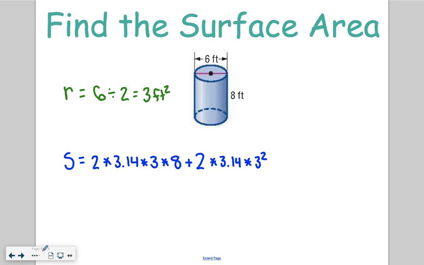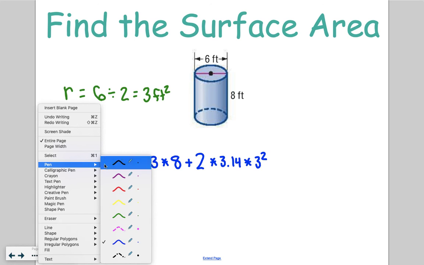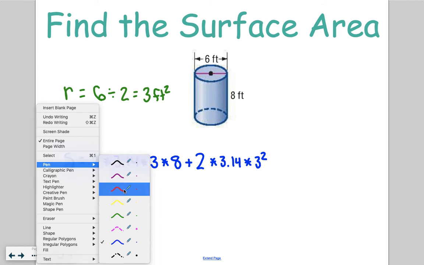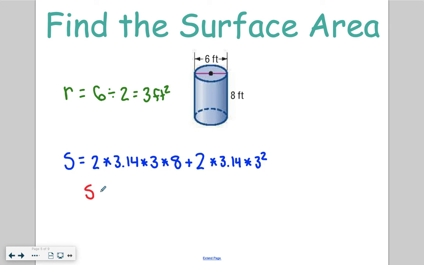And then we're going to look at the part in front of our addition sign, so 2 times 3.14 times 3 times 8. So that's going to give me a value of 150.72. And then after our addition sign, 2 times 3.14 times 3 squared is going to be 56.52.